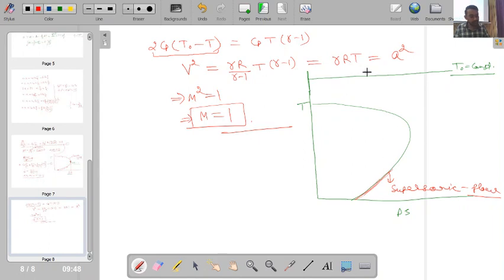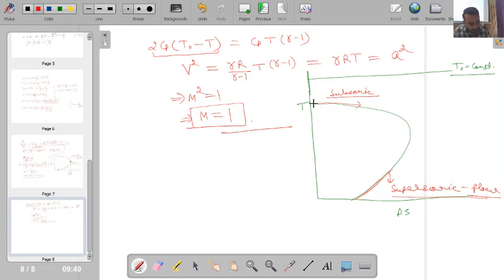That is why this lower branch is applicable for supersonic flow, and the upper branch is applicable for the subsonic situation. Is this point clear?